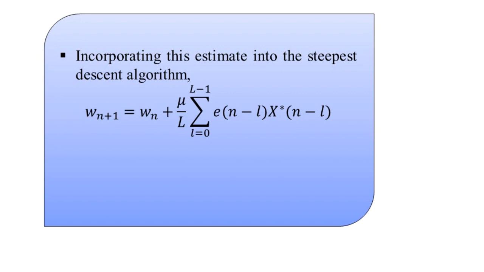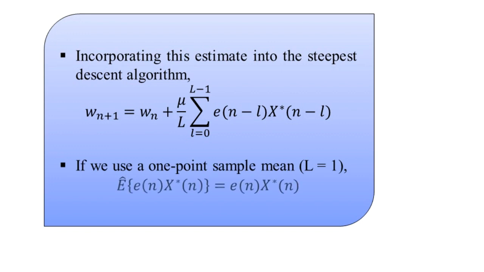If we see a special case of this equation, the use of a 1 point sample mean is obtained when capital L is equal to 1. There we can represent capital E cap of e of n into the complex conjugate of x of n simply as e of n into the complex conjugate of x of n.